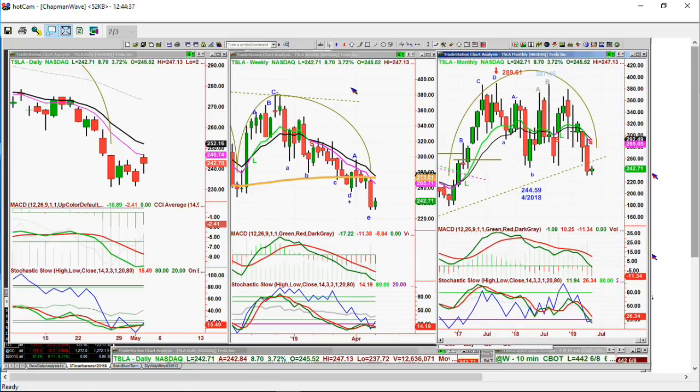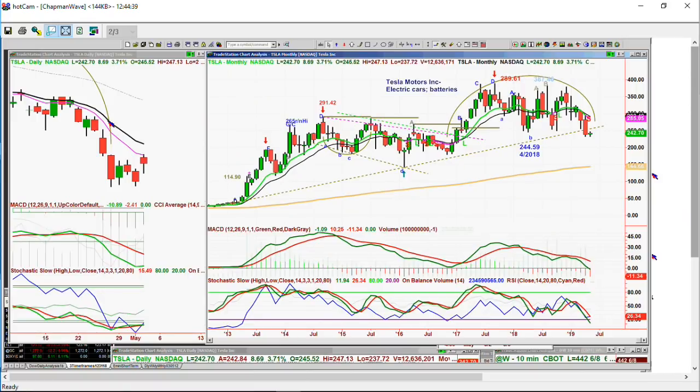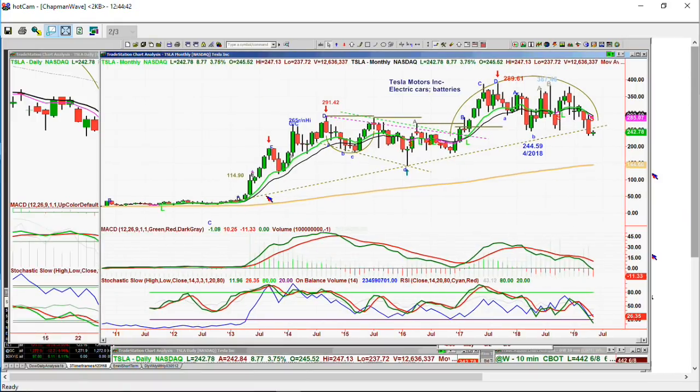This major line went from the lows around October of 2012. Gee, they've been around so long. Who would have thunk? And then the major low made in February of 2016 at 141. That low was taken out just at the end of last month, and now we're trading under it.